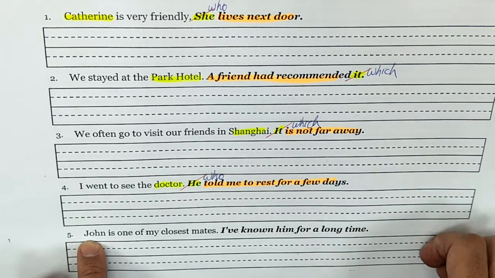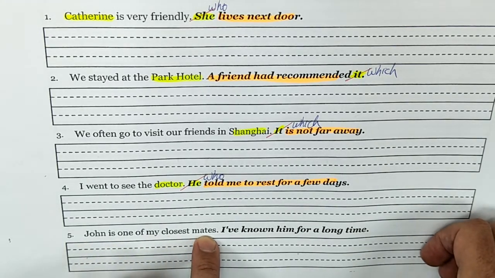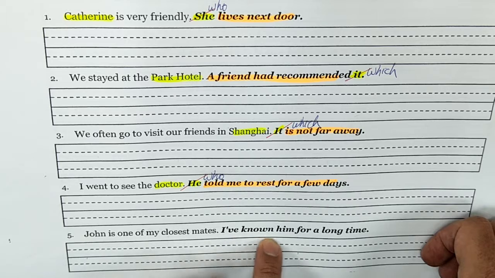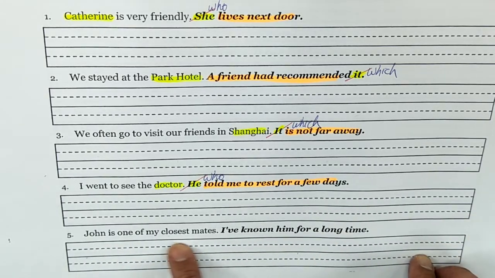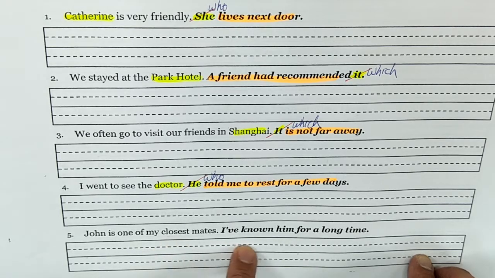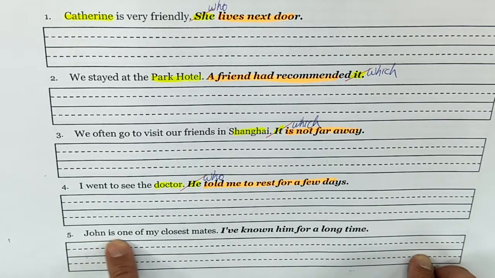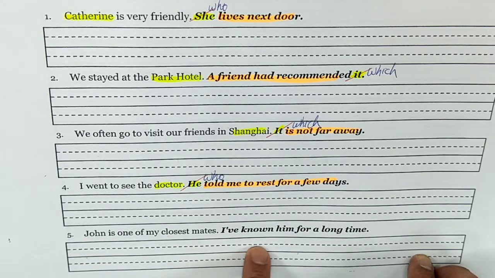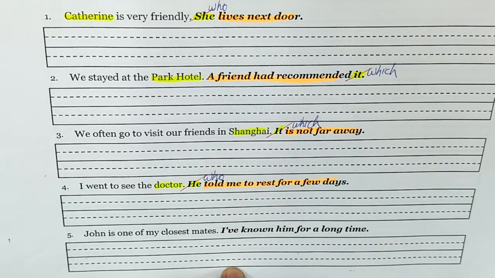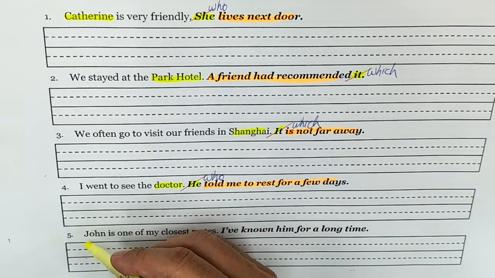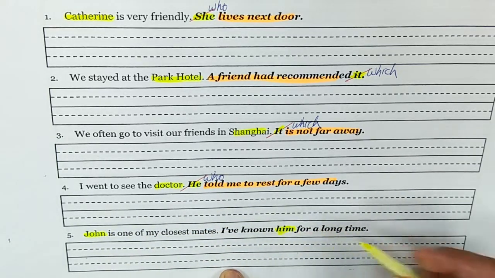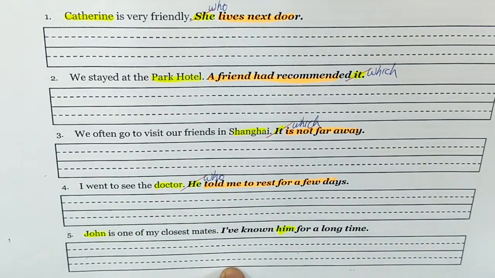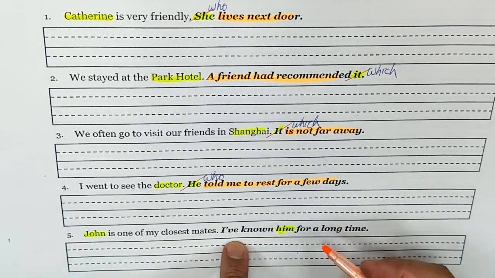Number 5, John is one of my closest mates. I've known him for a long time. So, John and mates, right? So I think John is one of the nouns, right? And him. Now, him is the object.